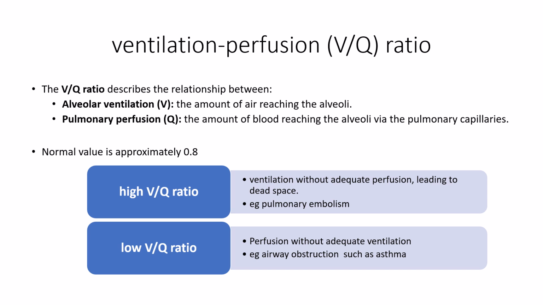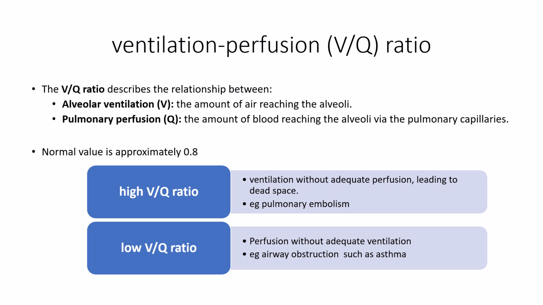Before we go through the correct and incorrect answer choices, let's first review what the ventilation-perfusion ratio actually means, because understanding this concept is the key to figuring out how a pulmonary embolism affects gas exchange.